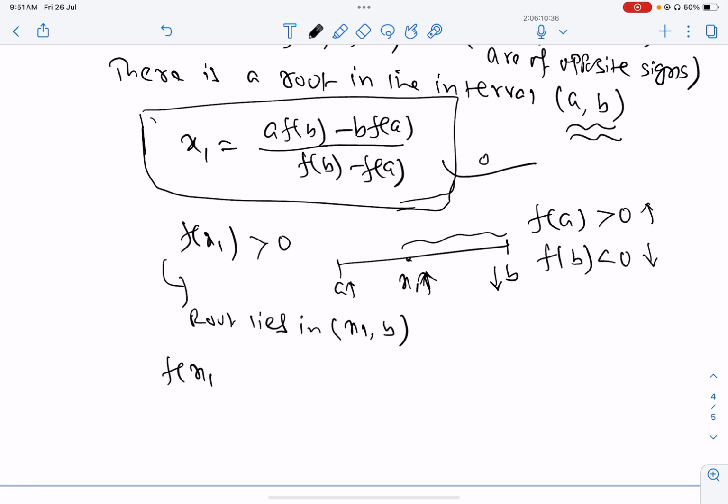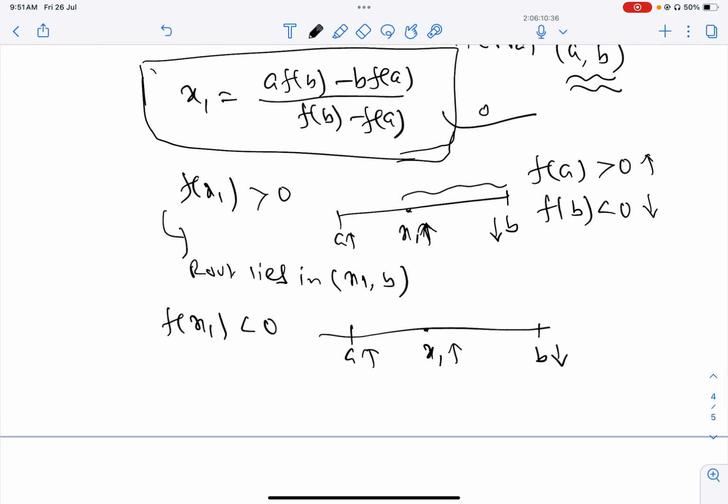Suppose f(x1) is negative, then the situation is like this. A here, B here, f(a) is positive, f(b) is negative, and somewhere x1 is there, and f(x1) is negative.